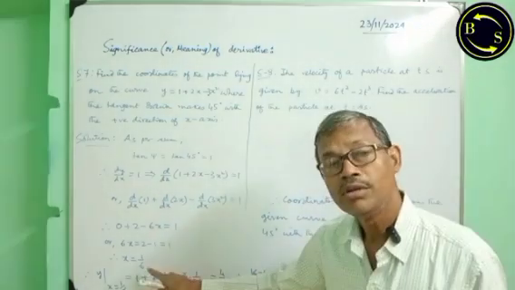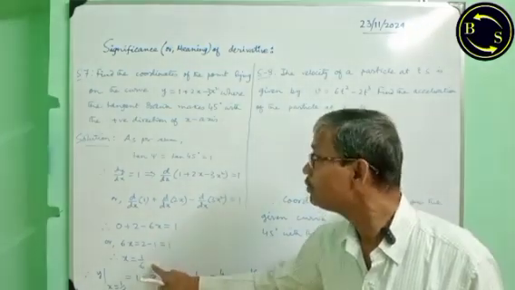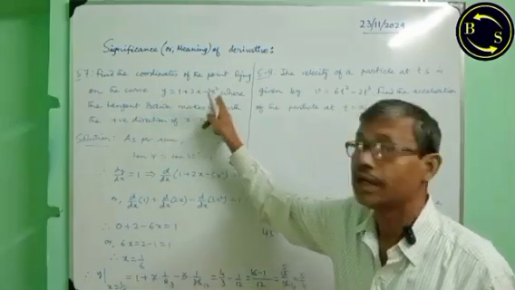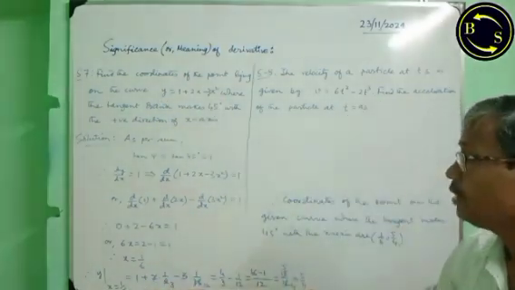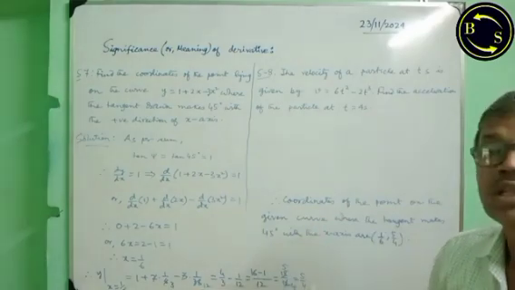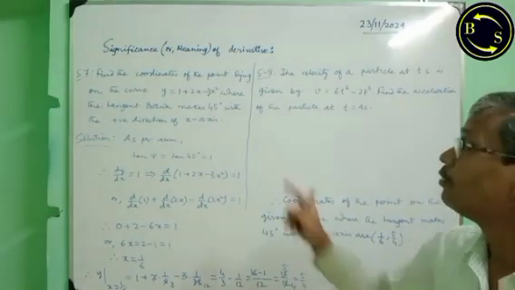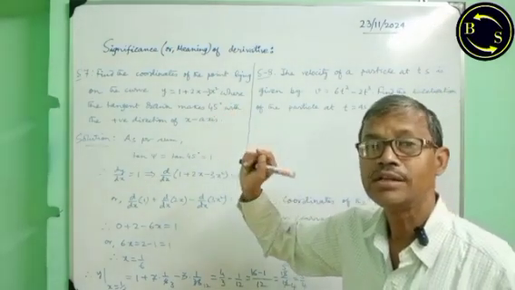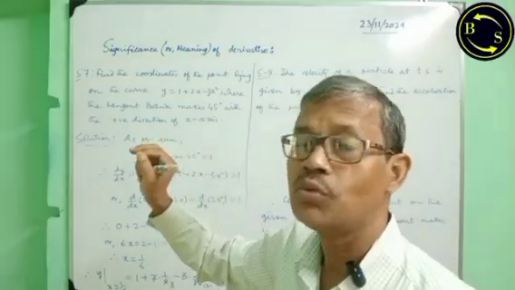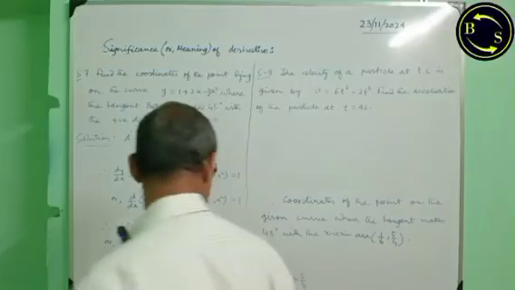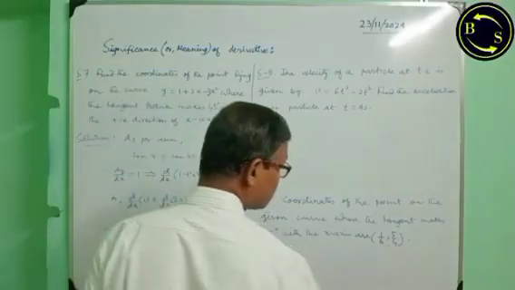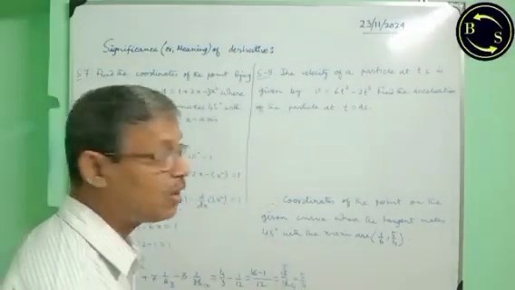Now, for getting the value of y, we have to put this value here, and I have put the value and obtained this value. Therefore, the coordinates of the point on this curve where the tangent drawn will make angle 45 degree with the x-axis is this one. Therefore, the sum is solved.